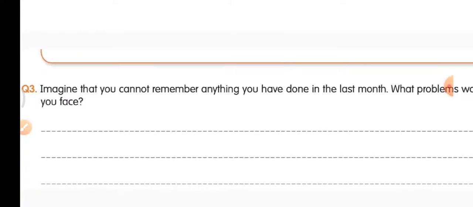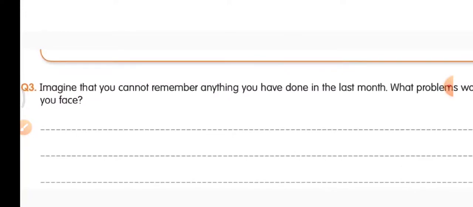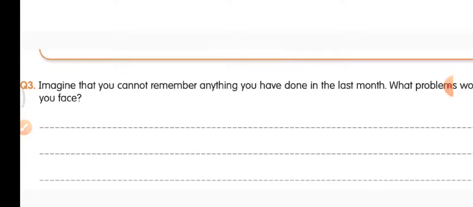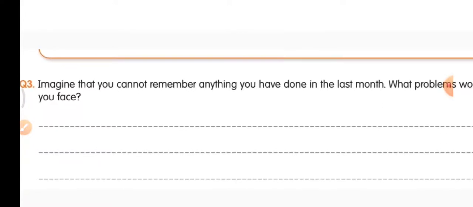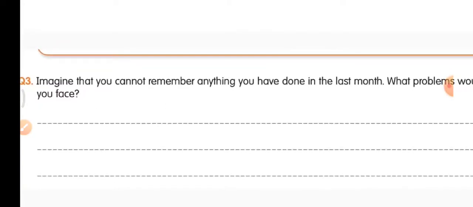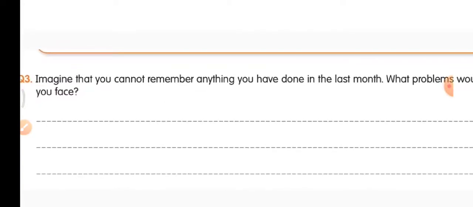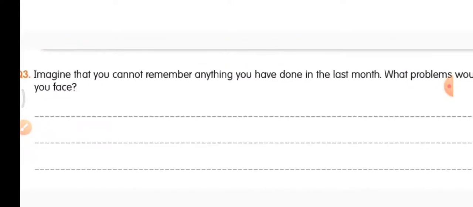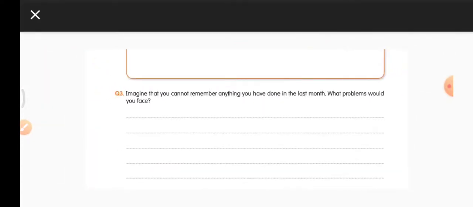This month's work, from where will you start? You will refer to the last month's work where you have stopped, and then you will start. So, what is your answer? If you cannot remember what you have done in the last month, it will be difficult to plan or organize this month's events. Now, for the content book.